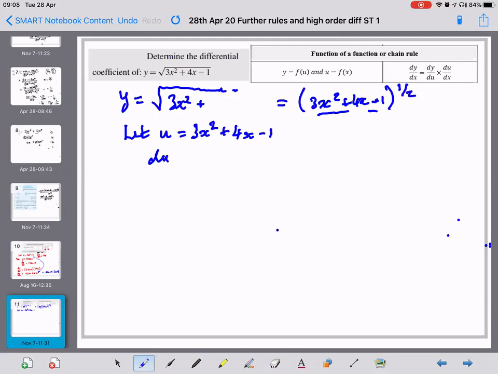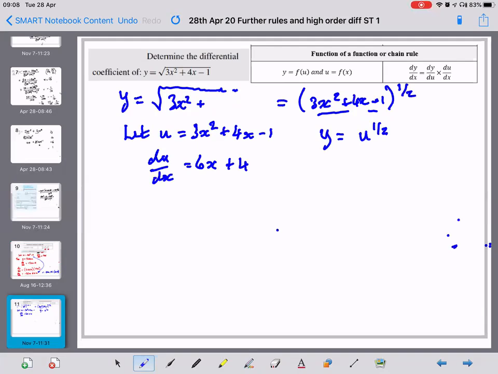So du by dx equals 6x plus 4. The constant disappears. We've got y is equal to u to the half after we've made that substitution.